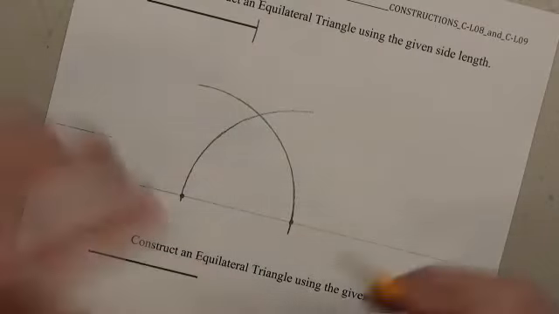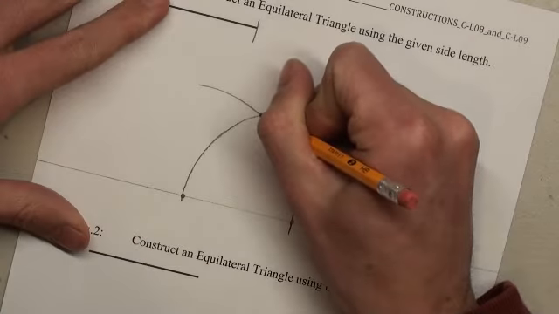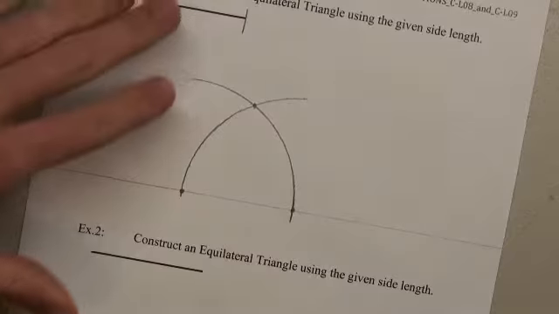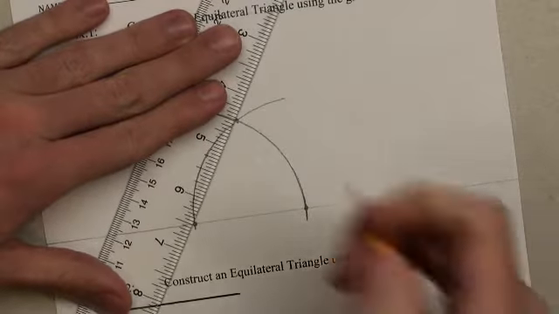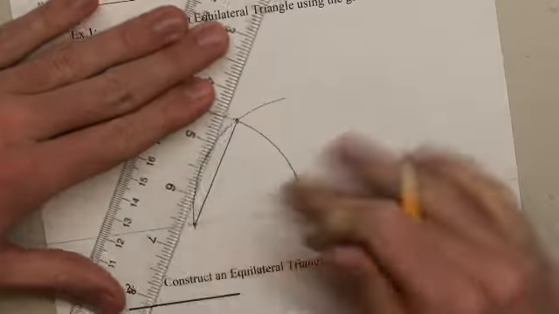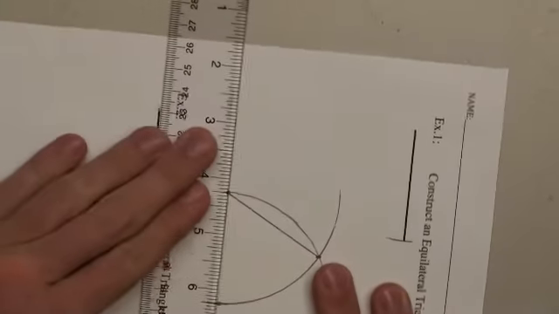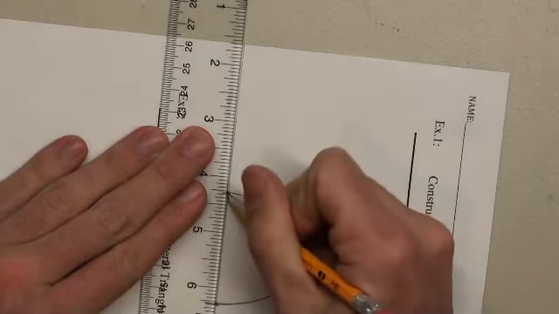Okay? And what you see here is we have 3 points, and we can connect those dots, and you want to go over this bottom line again between those 2 points to darken it up.